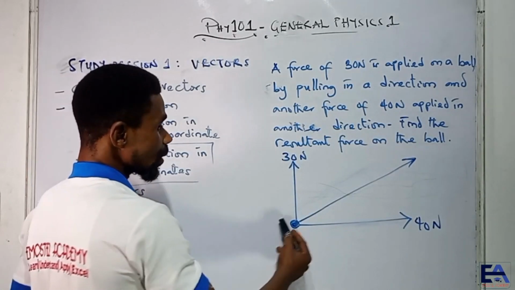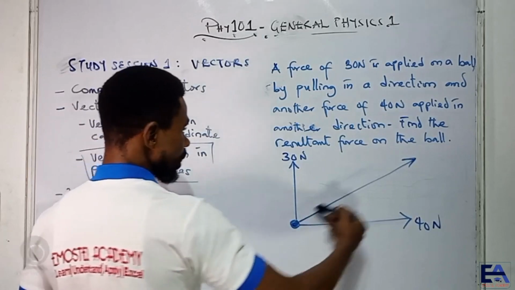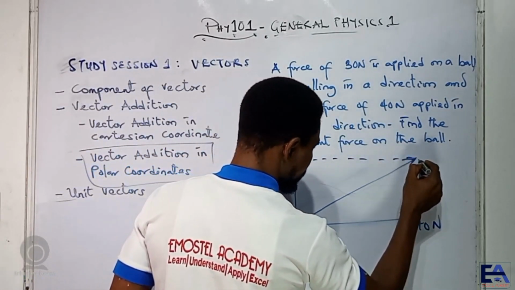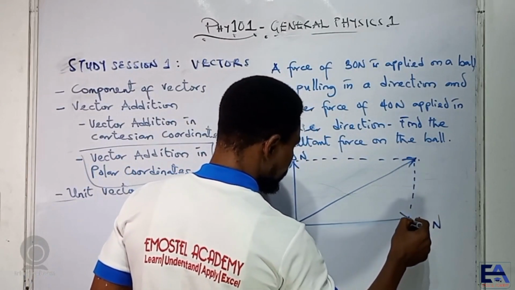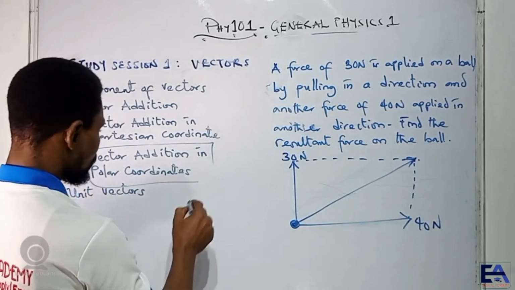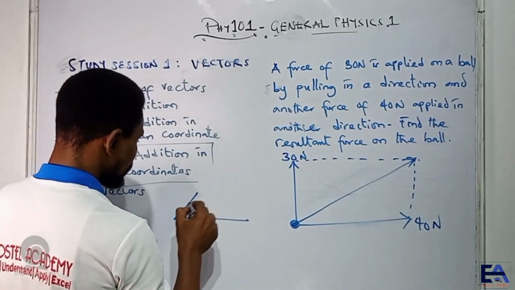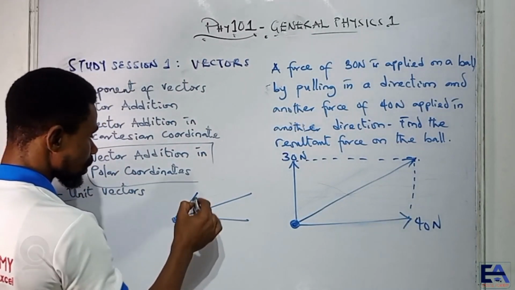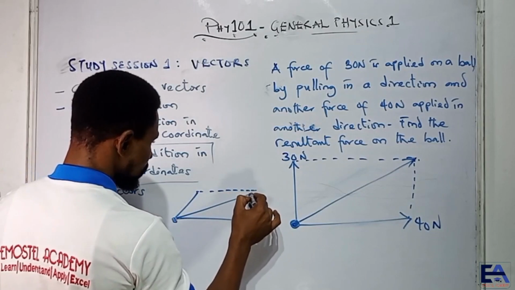Okay, so this is the diagonal of it. Because if I complete this thing like this, I complete this like this, then I formed a parallelogram. Okay, like this. The diagonal line that passes through their meeting points is it.